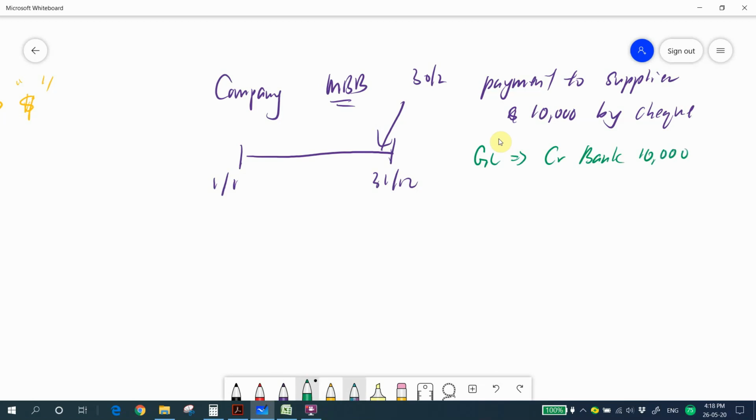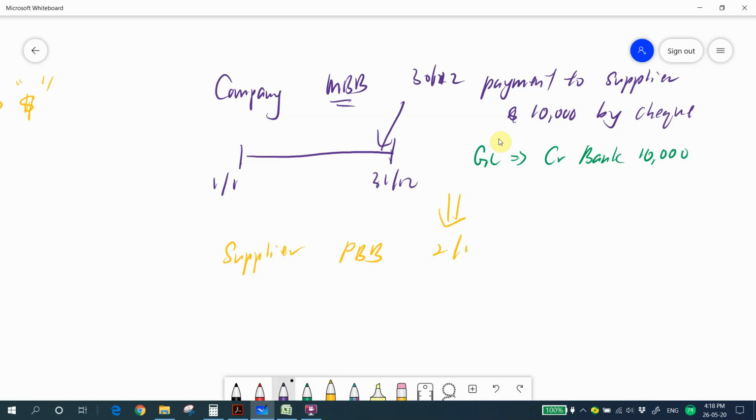But your supplier, who is using a Public Bank account, only received this payment on 2nd of January. So to make it clear, it's December, and 2nd of January next year.